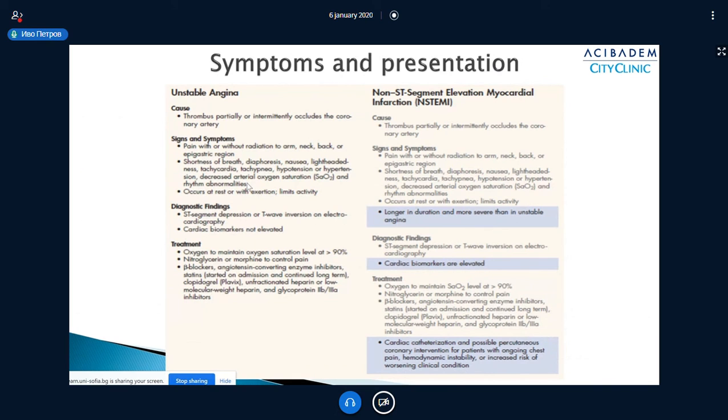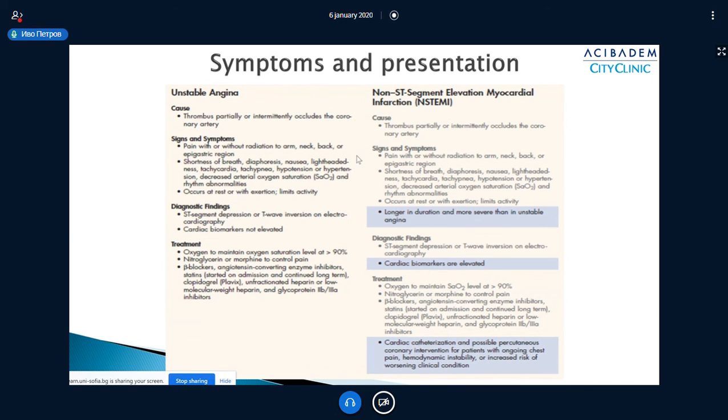So this is, let's say, the more beneficial situation. In case we have already non-ST elevation myocardial infarction, in this situation we have to speak immediately about revascularization.